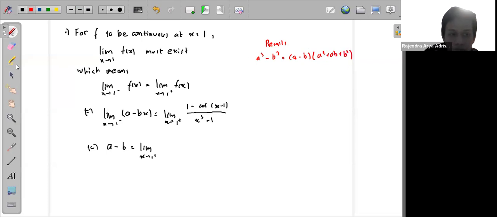Yeah, we use that formula for simplifying and factorizing that. So our a here is x, and our b here is 1. So a squared, x squared, is just x, a multiplied by this, and 1 squared is just 1.